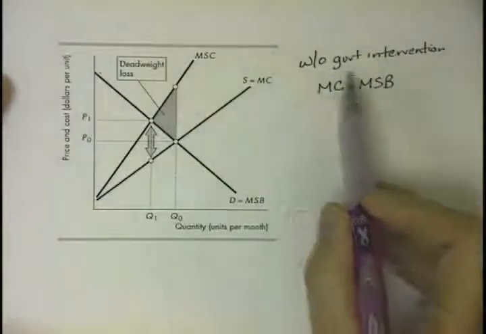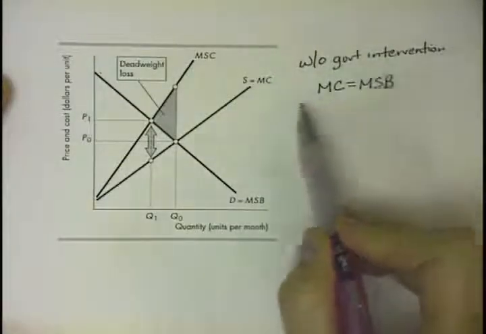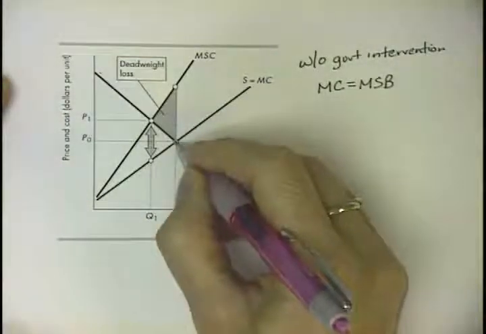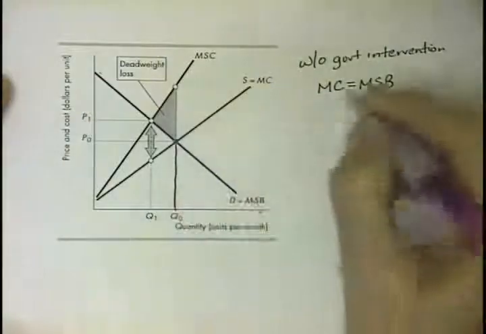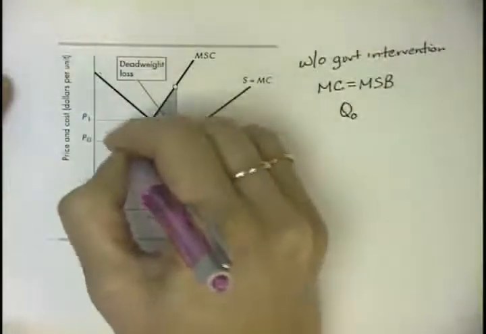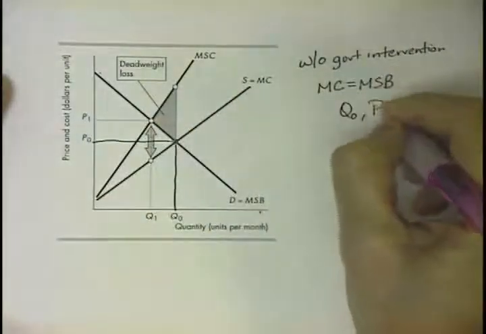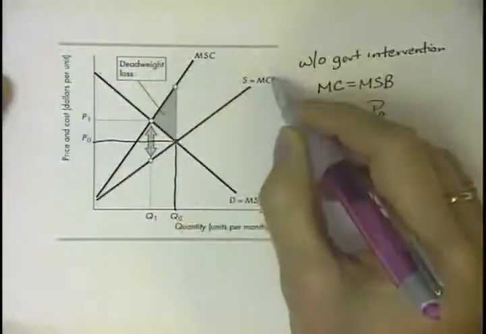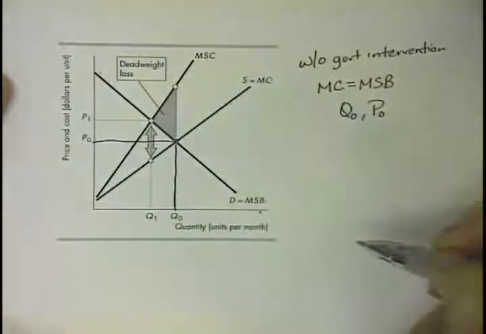So without government intervention, we're going to be where marginal cost is equal to marginal social benefit. So in that case, we'll be at Q naught. Q naught, and if we want to figure out what price they would charge, P naught. So where this curve intersects this curve, the MC curve equals the MSB curve.